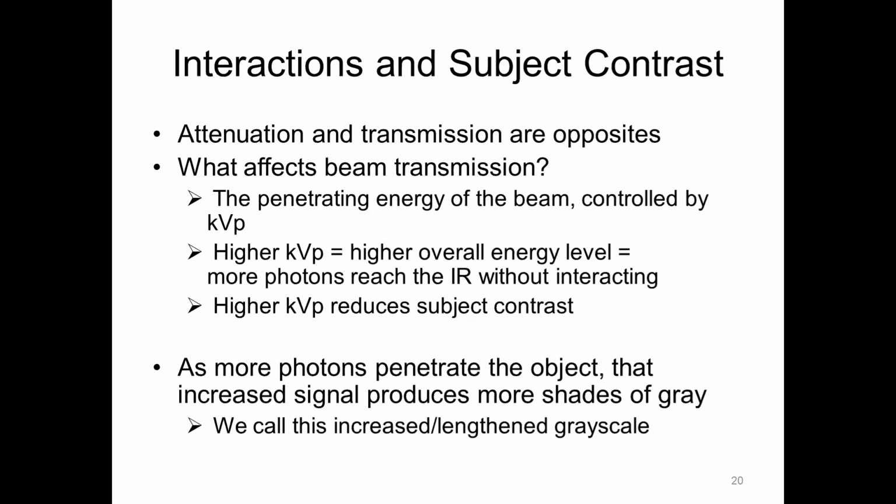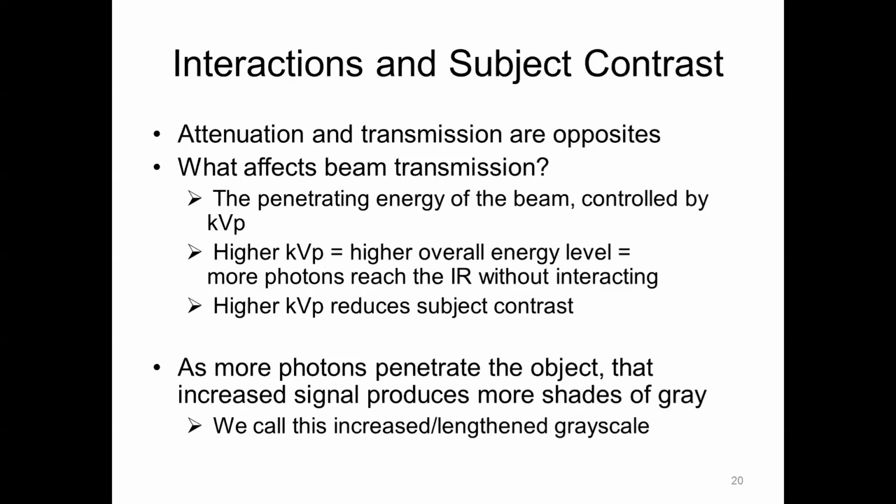If you think back to the flow chart at the start of these PowerPoints, your X-ray can either transmit or attenuate. Transmission, no interaction at all, just going straight through the part to your detector or your image receptor. So what affects the odds of beam transmission?